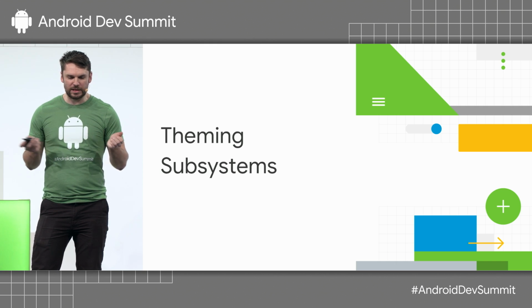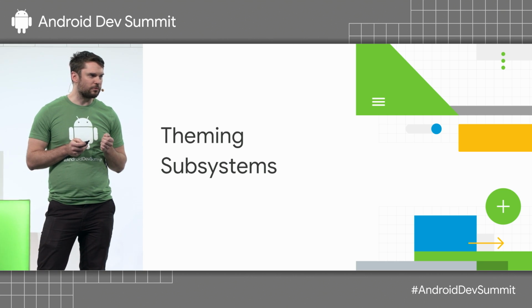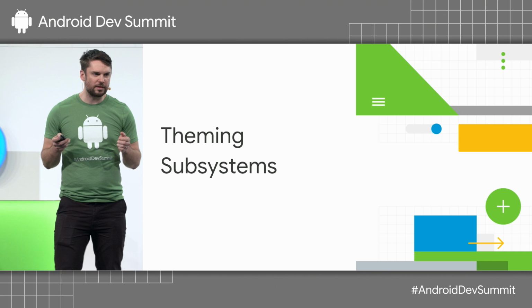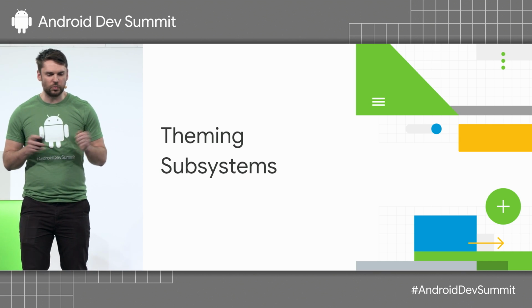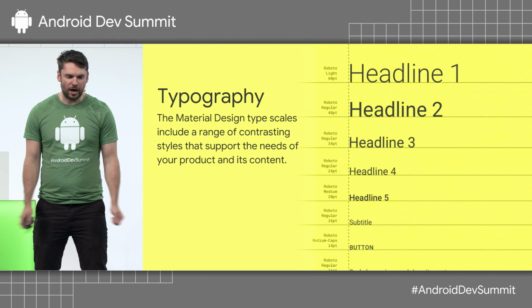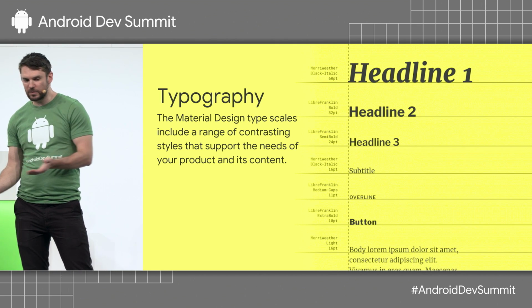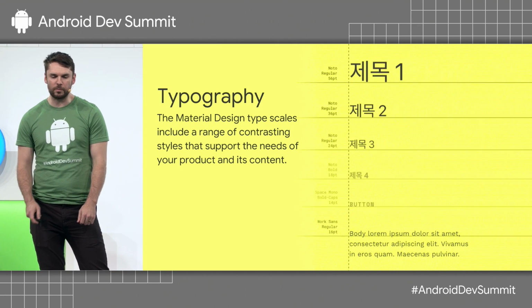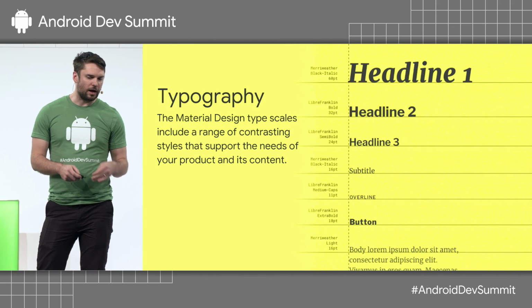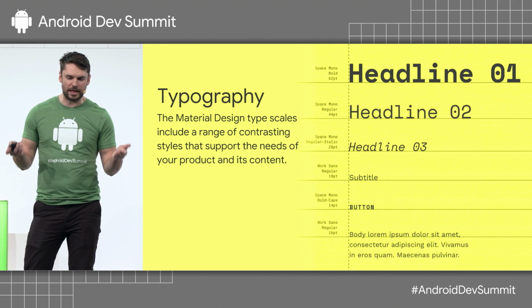So, theming subsystems. We currently have 3 theming subsystems: type, color, and shape. And these are the knobs that you as a developer should tweak in order to theme your app. Hopefully, most of you are familiar with text appearances, but we've incorporated material theming, which uses theme attributes to reference these text appearances.